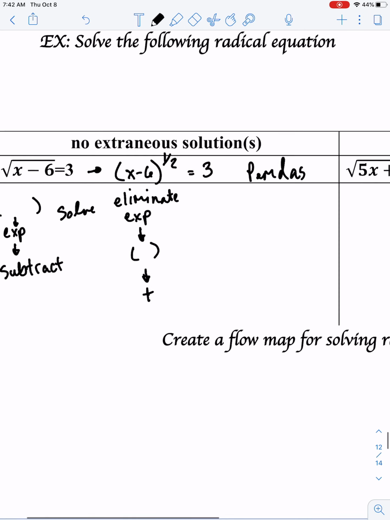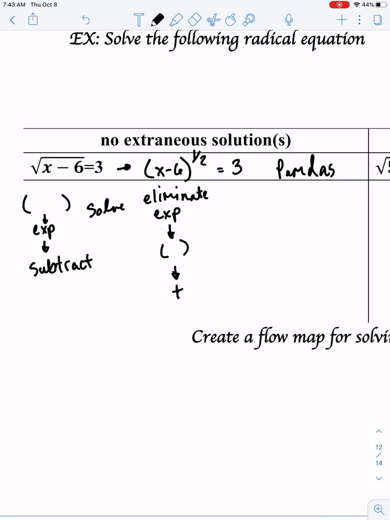The way I get rid of this exponent is to square both sides. So x minus 6 to the 1/2 squared is equal to 3 squared. When I do this, it cancels. So I'm just left with x minus 6 is equal to 9. I just eliminated the exponent.